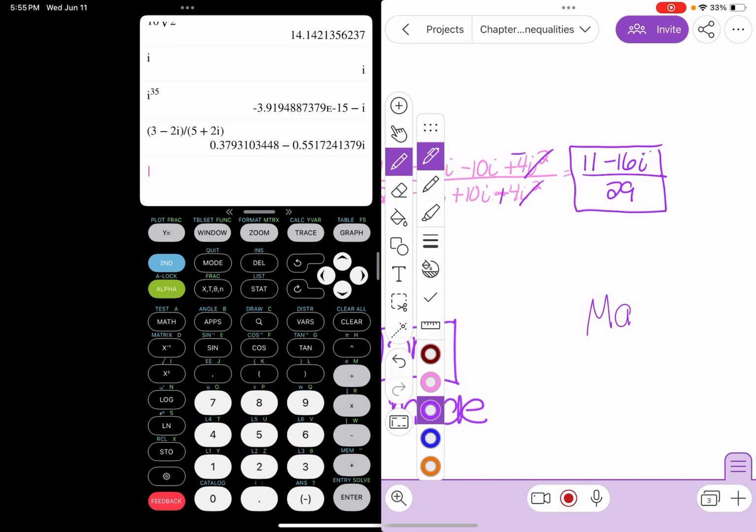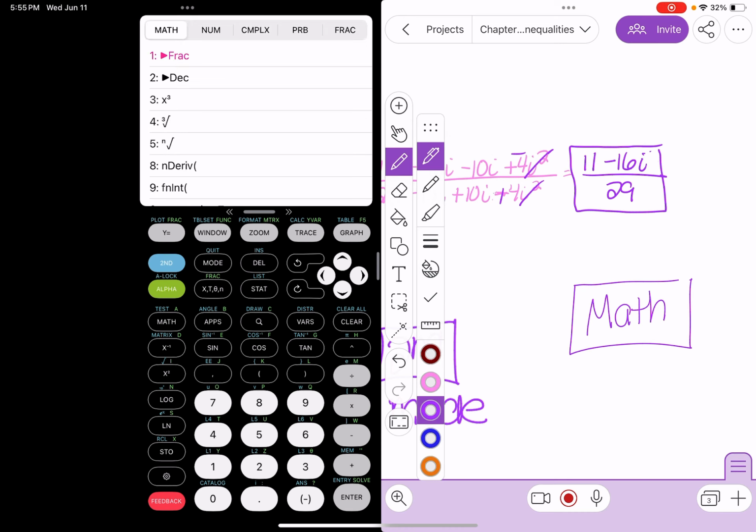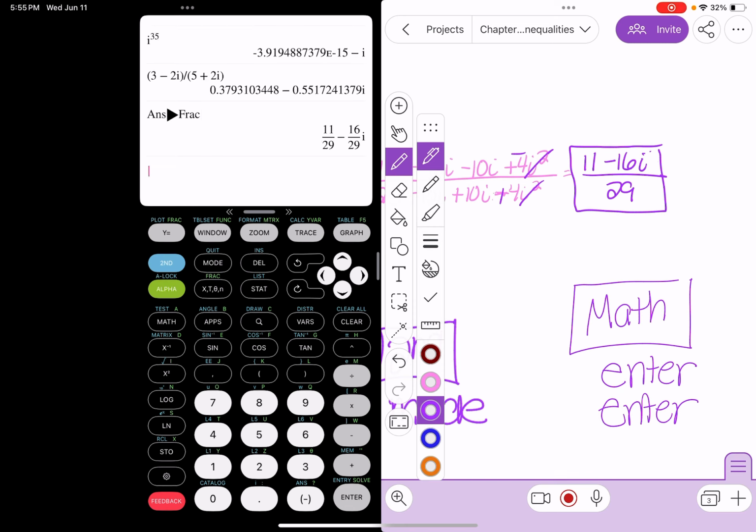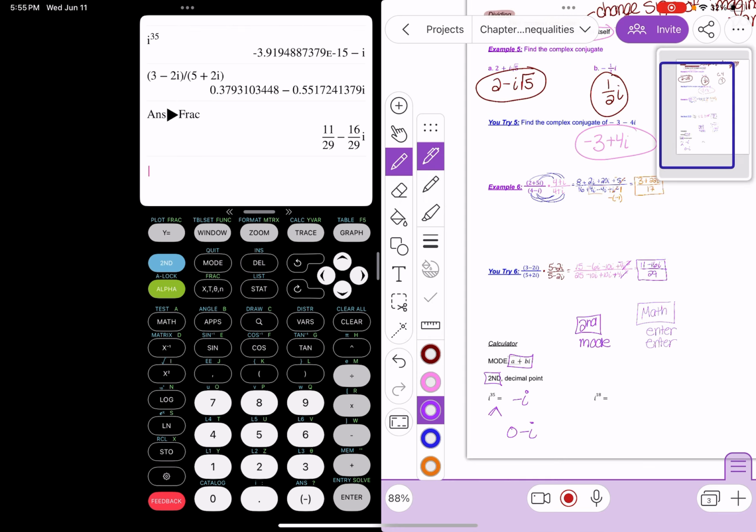If you hit math, which is right under the green button, and then you hit enter, it's saying, hey, put my answer as a fraction. And then you hit enter again. You get 11 over 29 minus 16 over 29i. So the calculator will do all of this math for you.